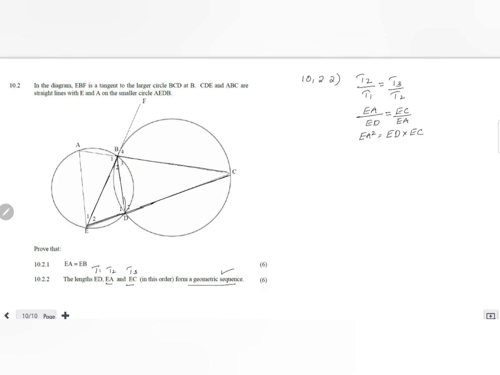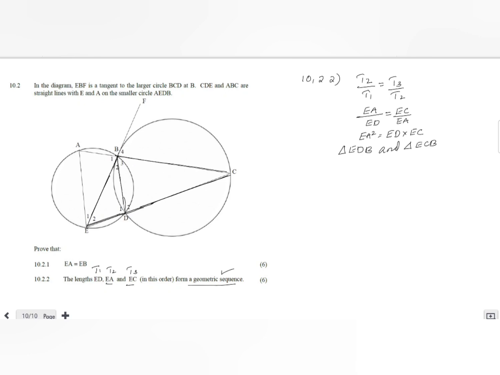I'm just taking like that, triangle EDB and triangle ECB. If I can prove that those two triangles are similar, then maybe I can arrive at that result.